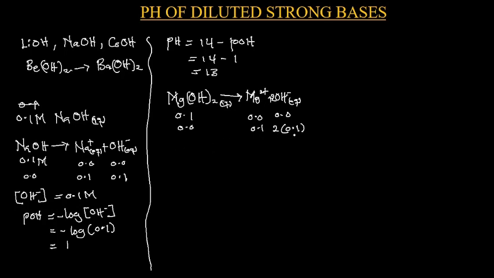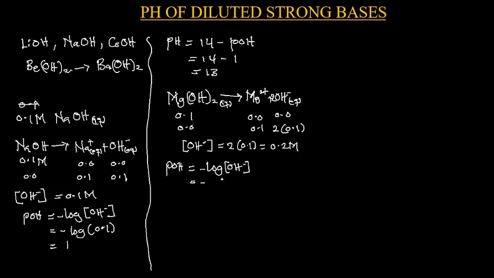So if you look at this, we find out that the concentration of OH minus, which we are interested in, is 2 times 0.1, which is equal to 0.2 molar. So again, pOH is equal to negative log of OH minus.